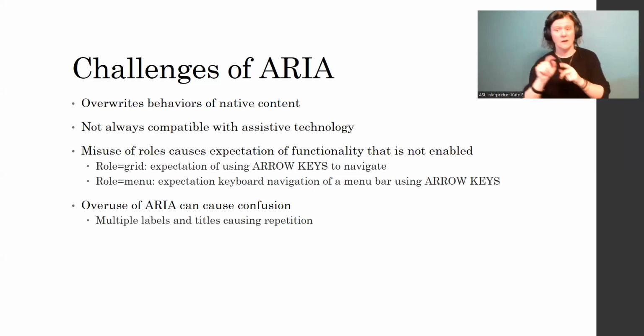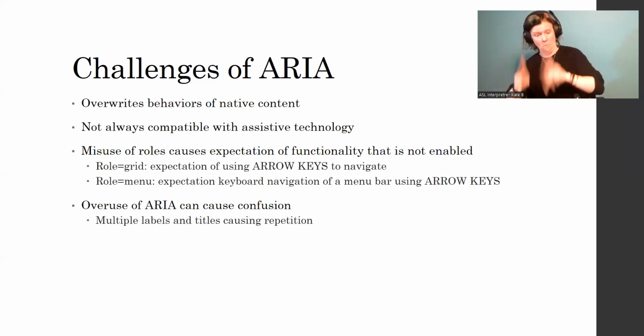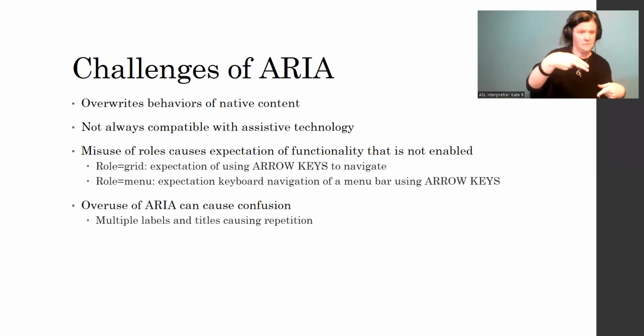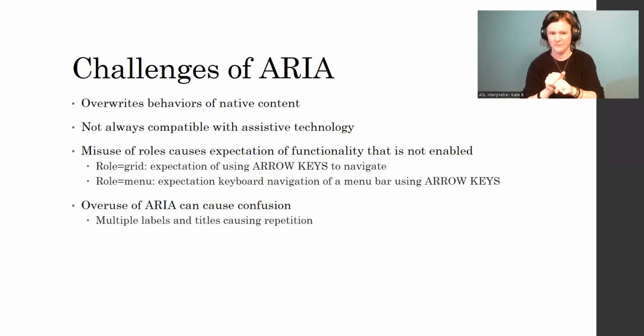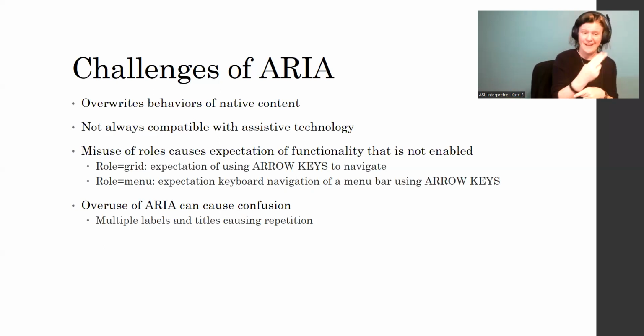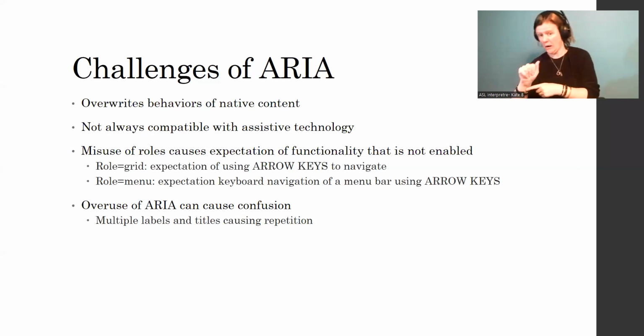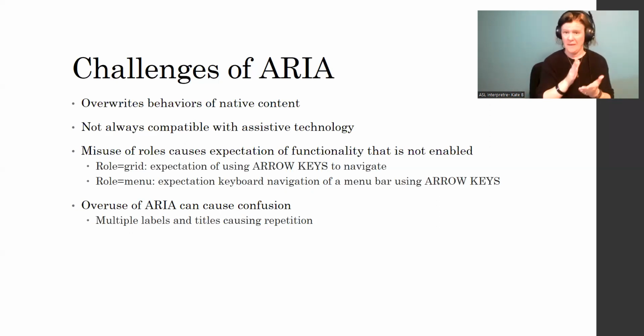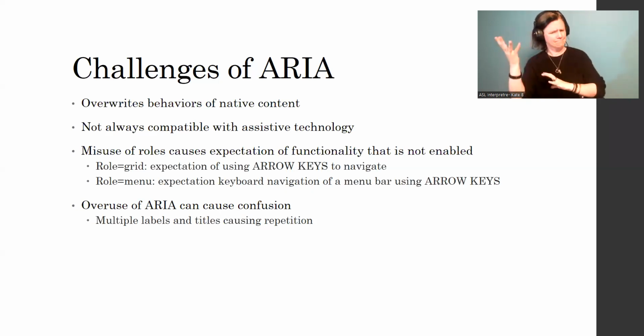It can also cause just the one to overwrite the other. So, if you have press enter in an ARIA label and, go to homepage, you could get press enter, go to homepage. You could get go to homepage, press enter, or you could get one or the other. And so that can be confusing to users as well. So you don't want to duplicate.